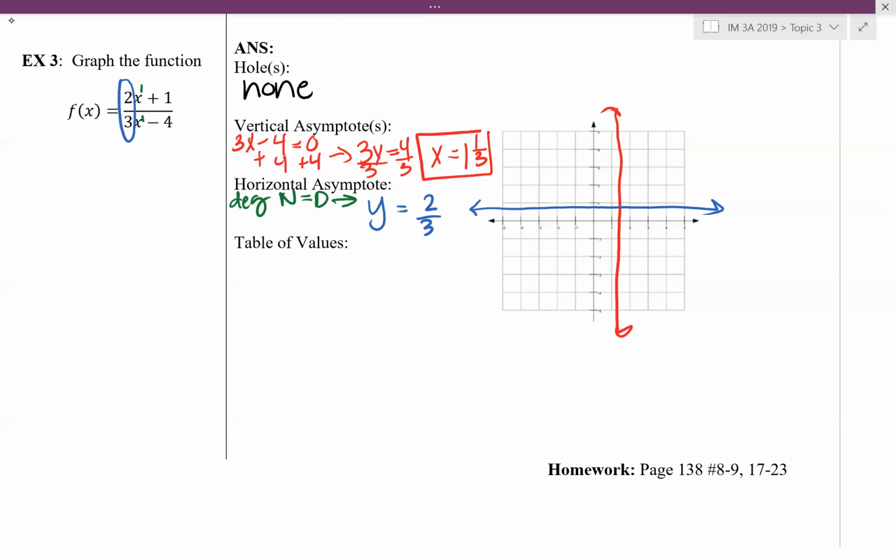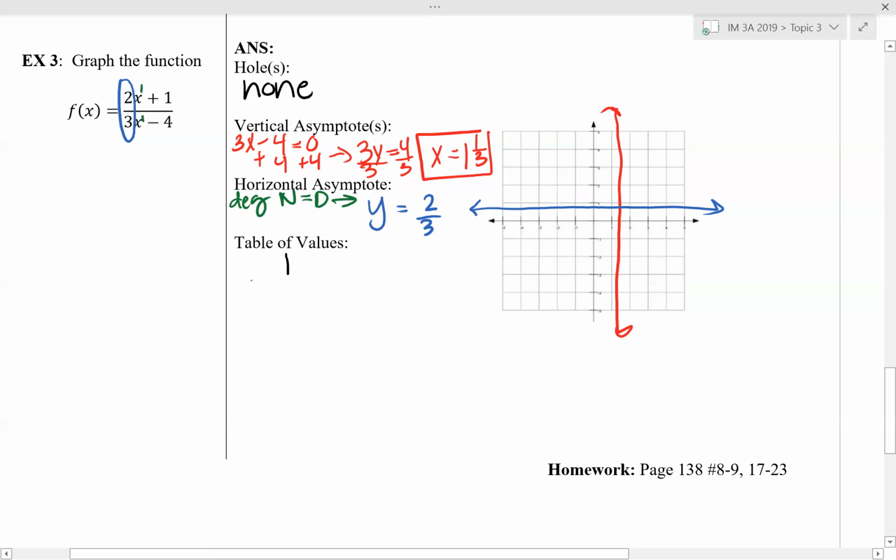To graph this function, we want to create a table of values. We're going to plug x values into our equation to determine the y coordinates. What we want to do is pick two values that are on the left of our vertical asymptote and two values that are on the right side of our vertical asymptote.